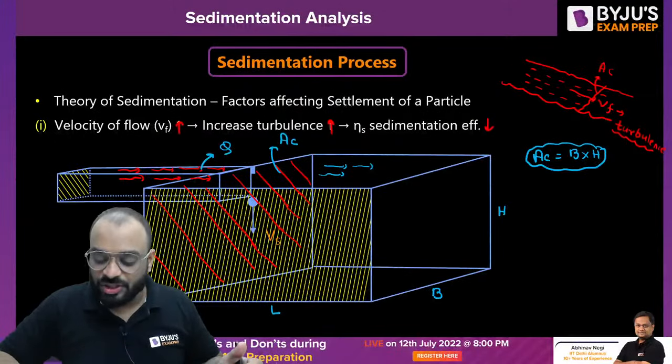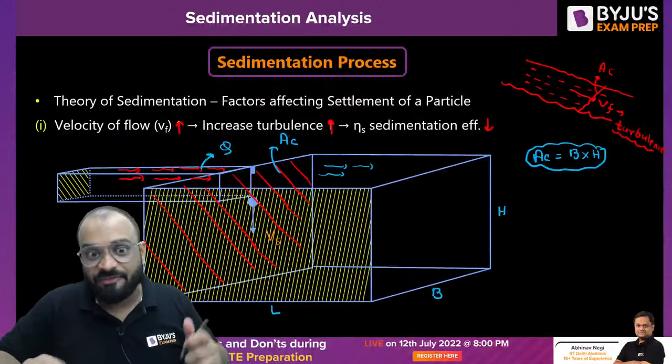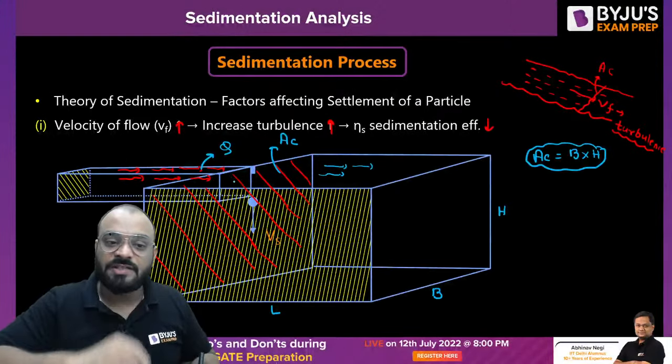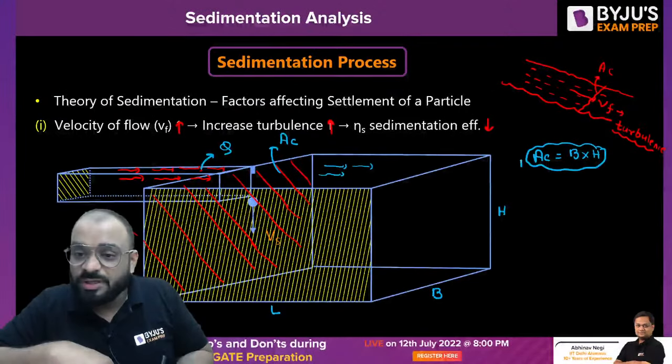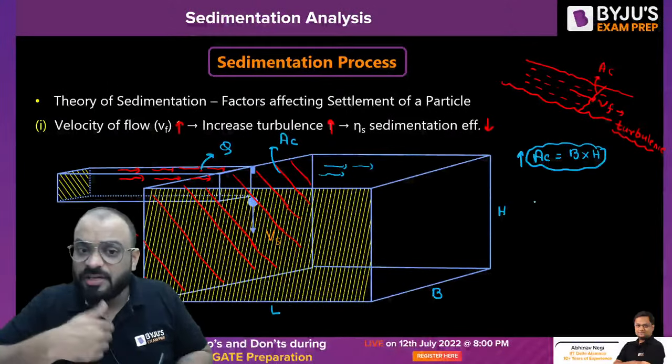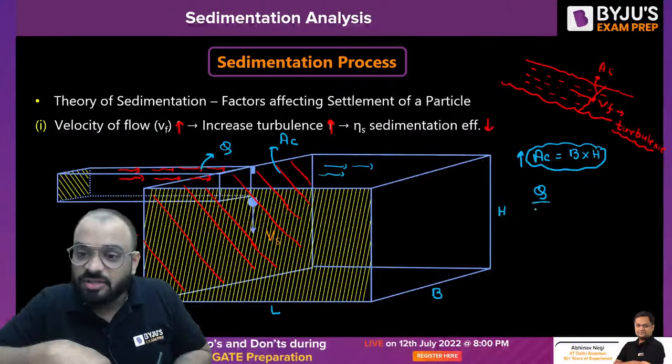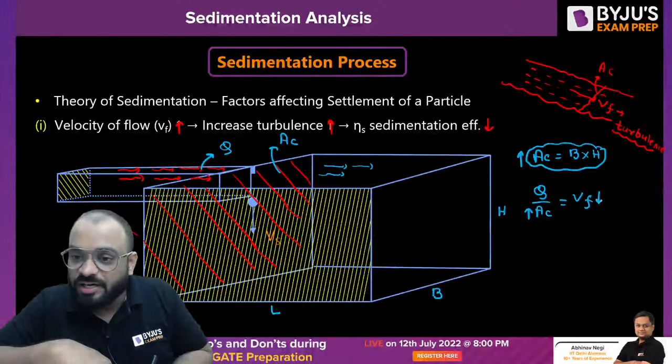Yes, definitely. So you can see here, in this particular case, our task is to increase this cross-section area. If we increase the cross-section area, then Q by AC is equal to what? Velocity of flow. So if you increase this cross-section area, then the velocity of flow will get reduced.